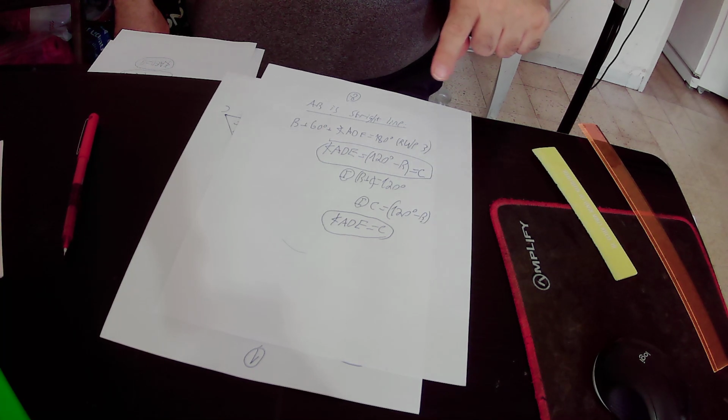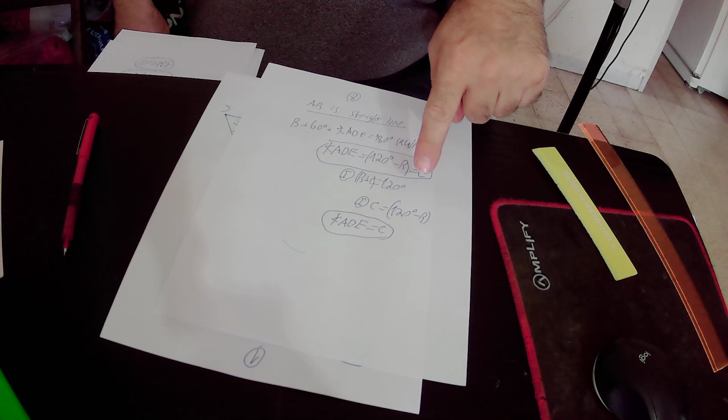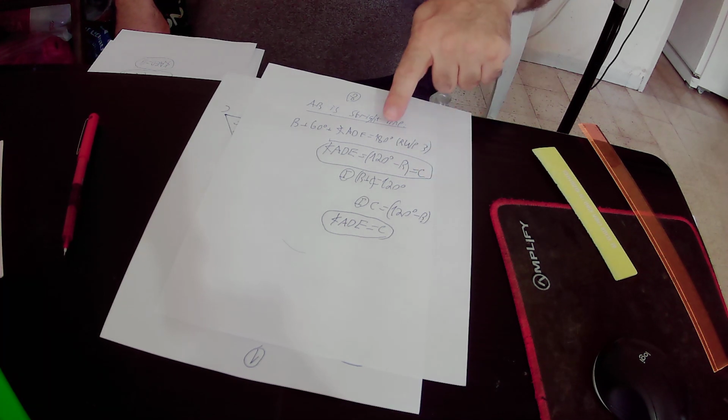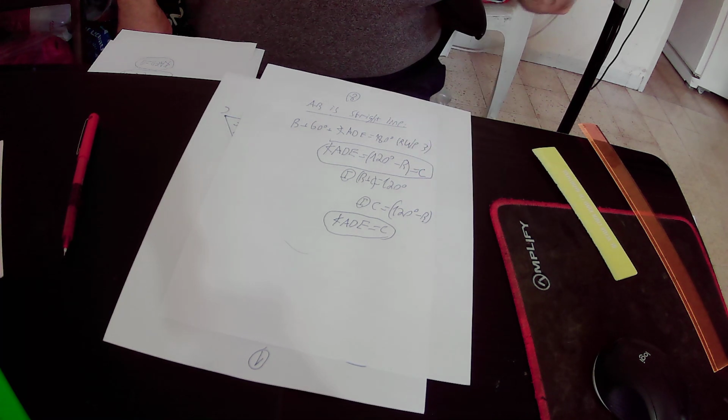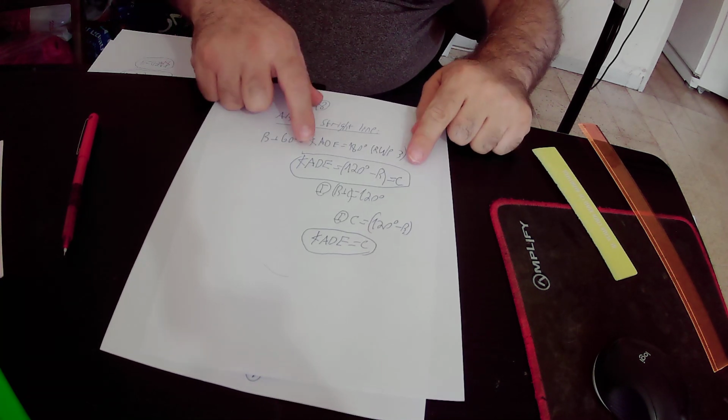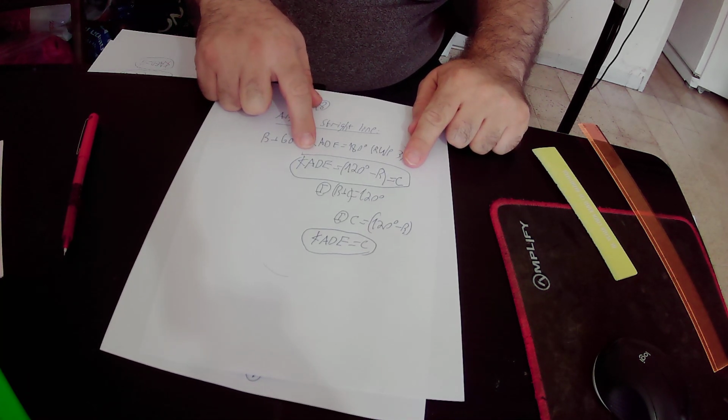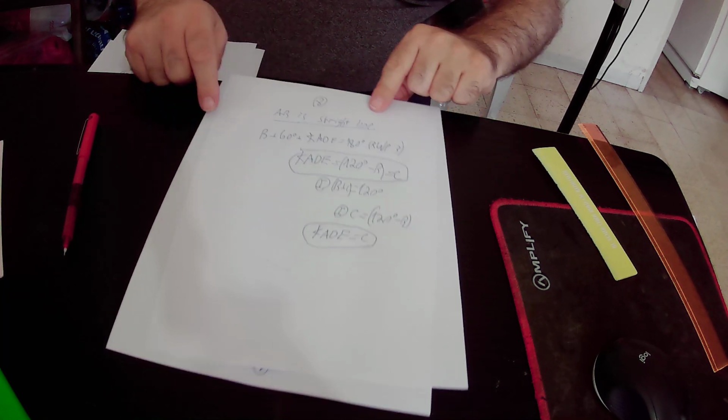We subtracted B from equation number 1 and we got that C equals 120 degrees minus B. So from this equality we can derive that angle ADE equals C.